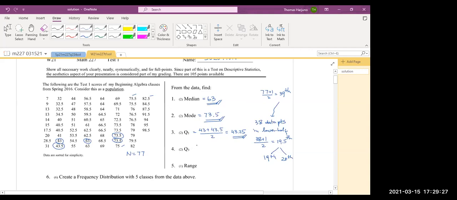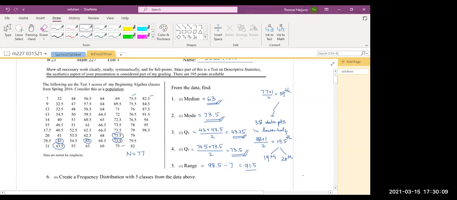So the third quartile will be (73.5 plus 73.5) over 2, that is 73.5. So far, so good? Now the range will be the largest number, 98.5, minus the smallest number, 7. So that's 91.5.